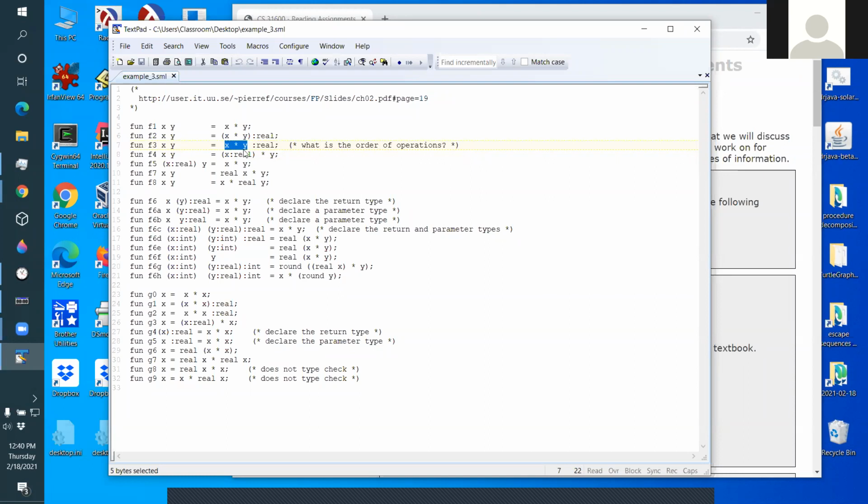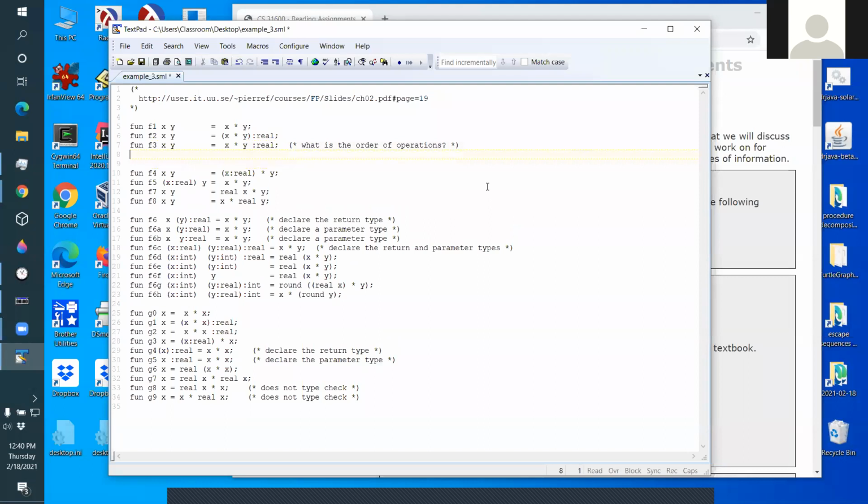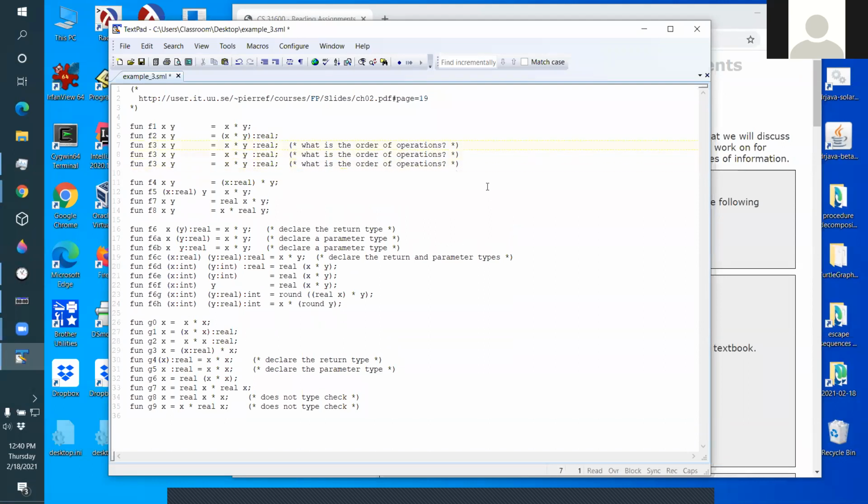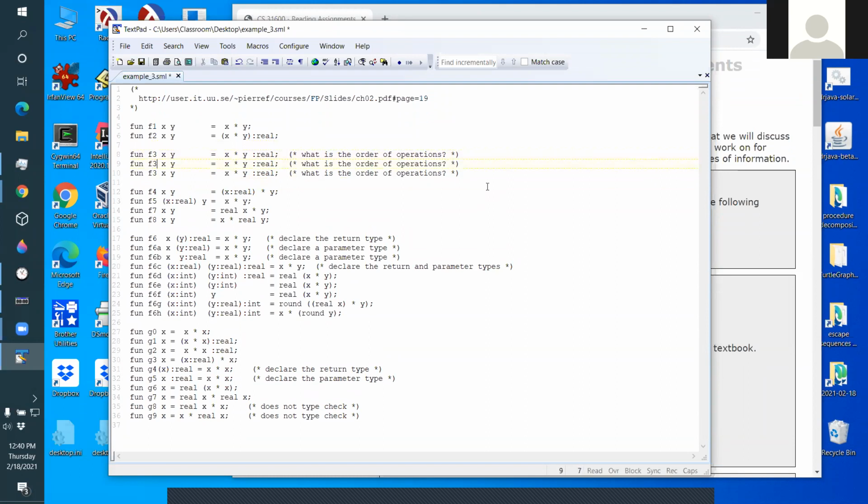The moral is use parentheses. Yeah, the moral is this one, as far as I know, it's either this or it's this, and I don't know which one it is.